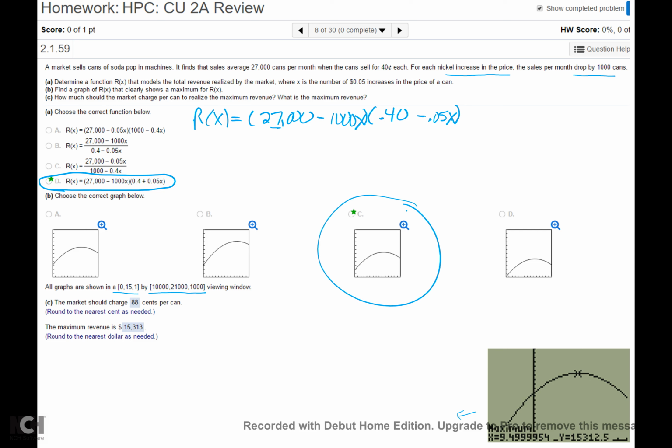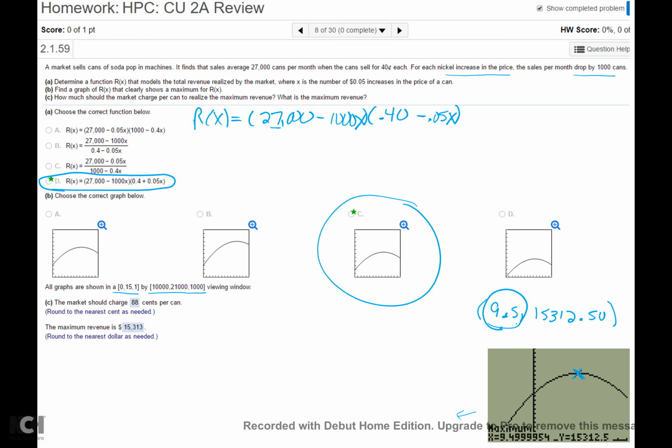Okay, now, what should the market charge to maximize this function? Well, if you find the maximum, in other words, the vertex of this, you get this. I calculated it on the calculator, and the maximum says it's 9.5, comma, 15312.50. Okay? This means we should raise the price 9.5 times.